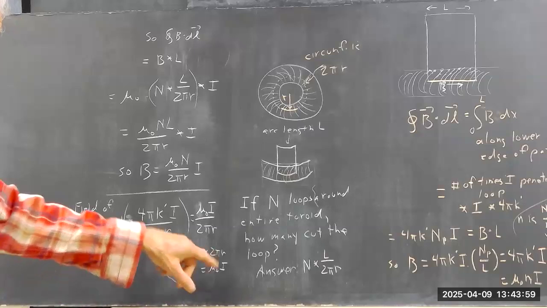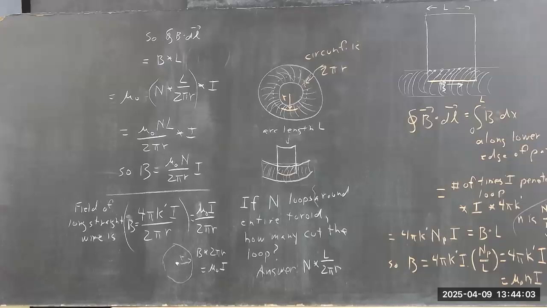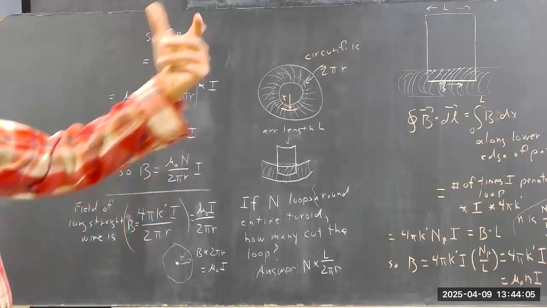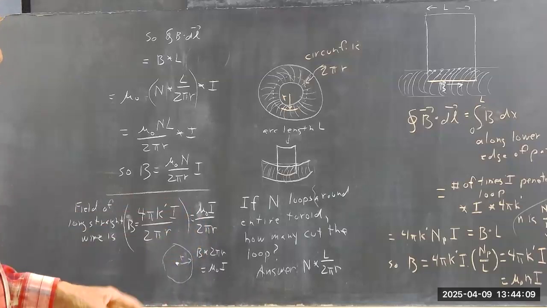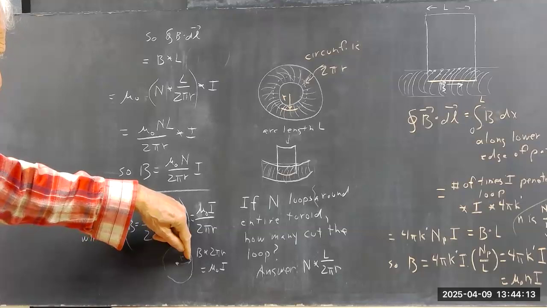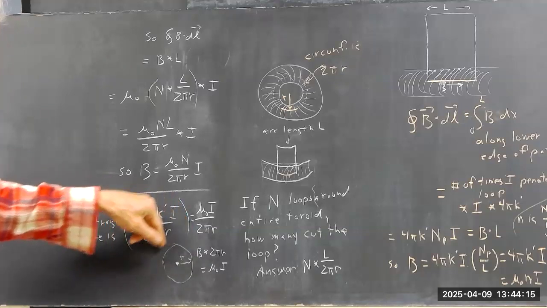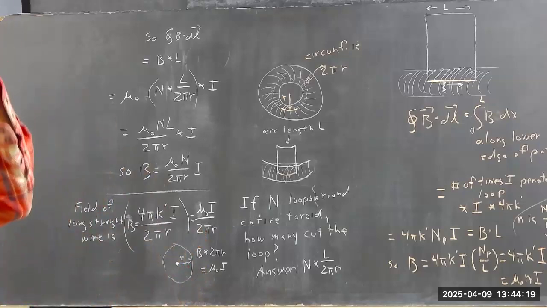So if you're integrating B around this path, now by the Biot-Savart law, B will always be perpendicular to the radial vector, in other words, parallel to a tangent vector around the loop. So that's very easy to see.